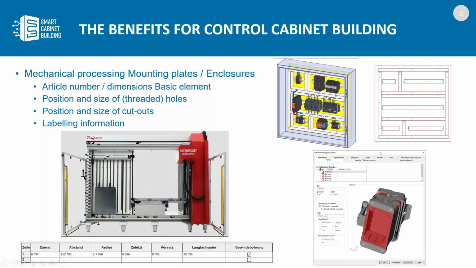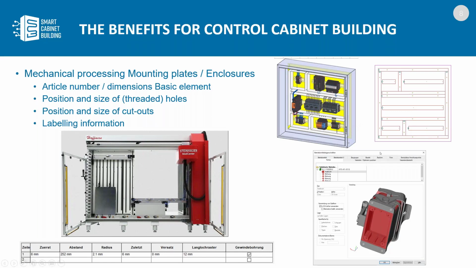In this case, we have 4 drill holes. These are on the 4 corners, and we have a cutout. In this case, the red highlighted cutout which has to be cut into the enclosure.